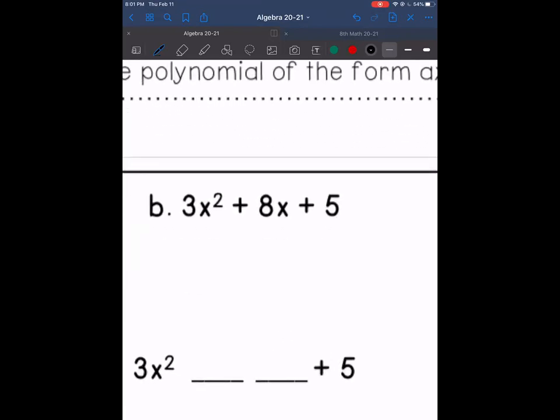Okay, so we need factors that have a sum of 8 and a product of 3 times 5, which equals 15.